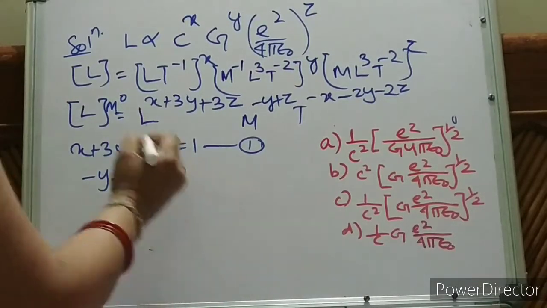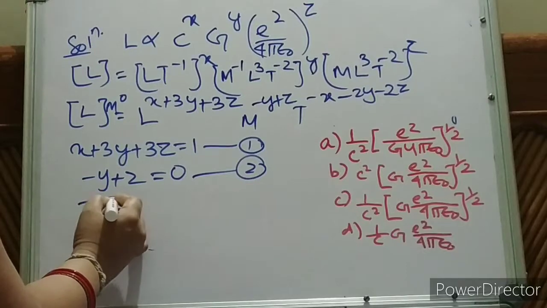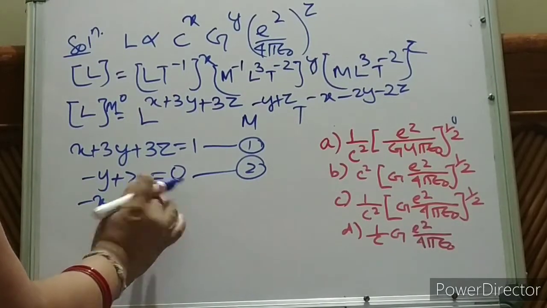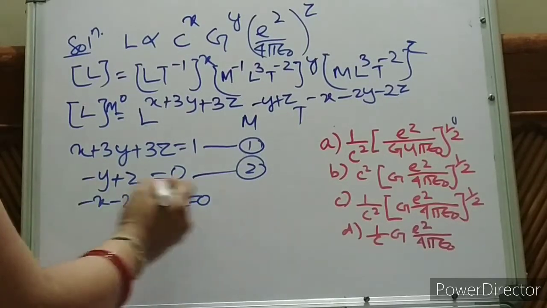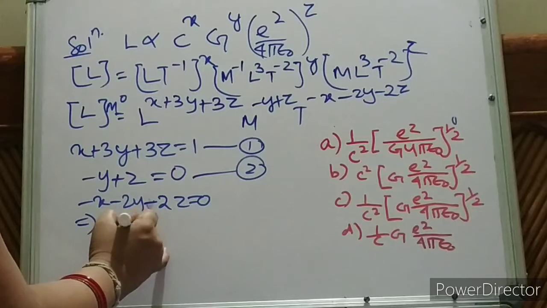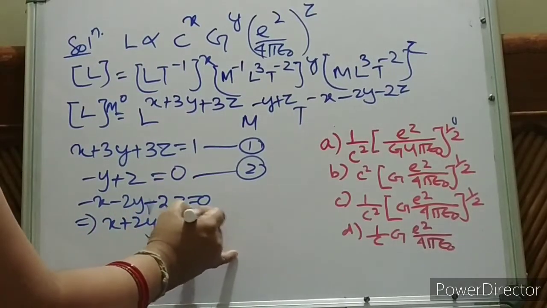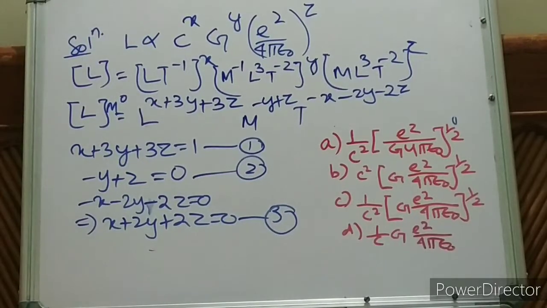So this is 0. Similarly, minus X minus 2Y minus 2Z is equal to 0. I can take out this minus sign, so we will get third equation: X plus 2Y plus 2Z is equal to 0.